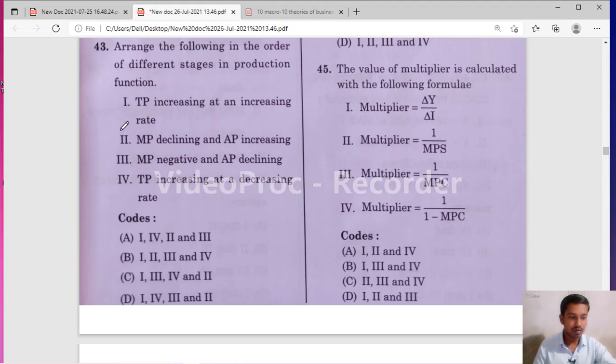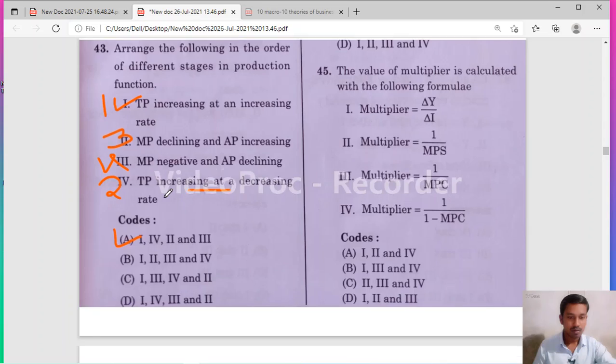Yes, as we all know, first TP will increase at increasing rate, so it will come first. Second will be TP increasing at decreasing rate. Third will be MP declining and AP increasing. Fourth one will be MP negative. So here the right answer will be option A, 1, 4, 2, 3.